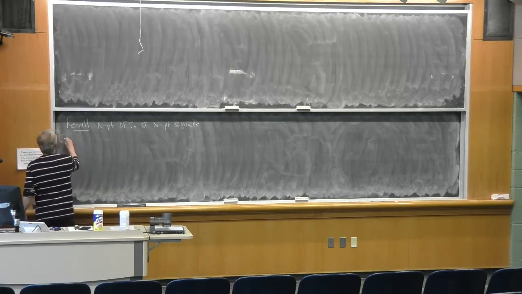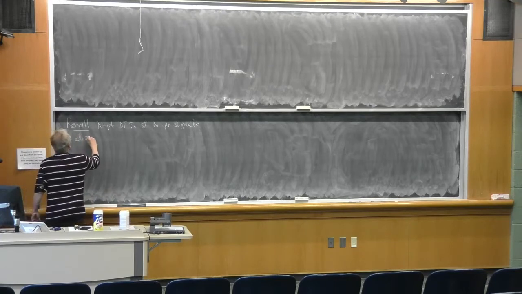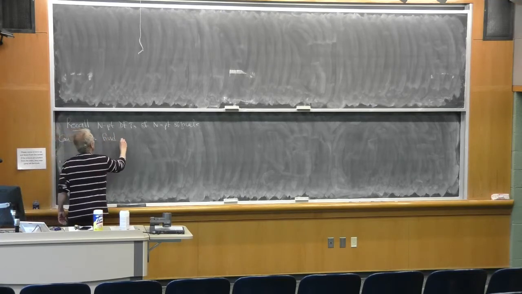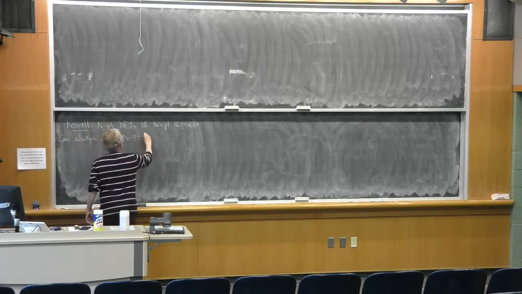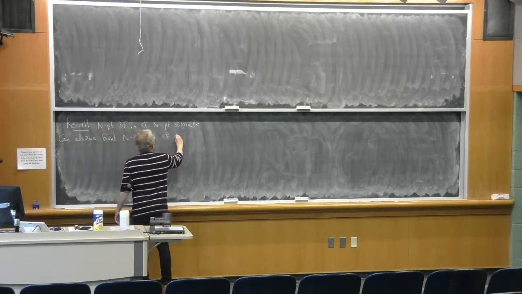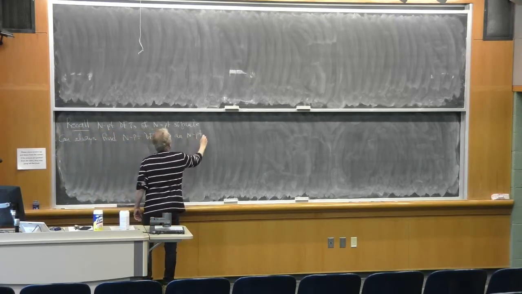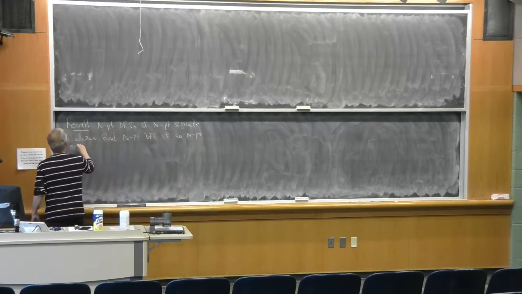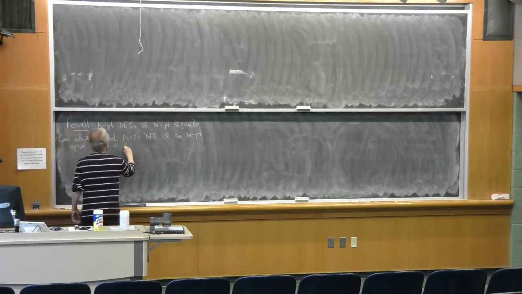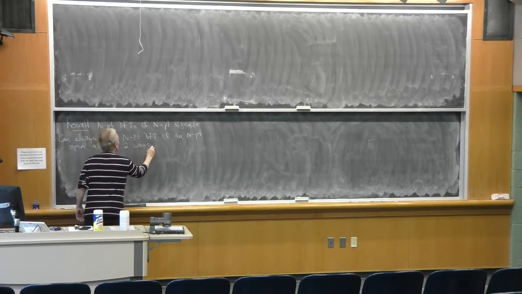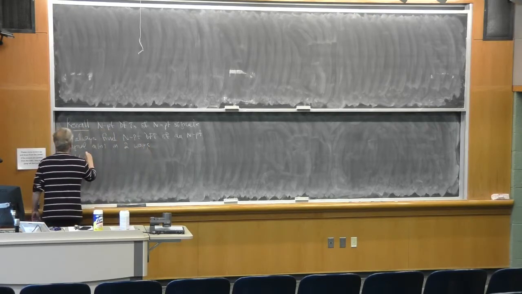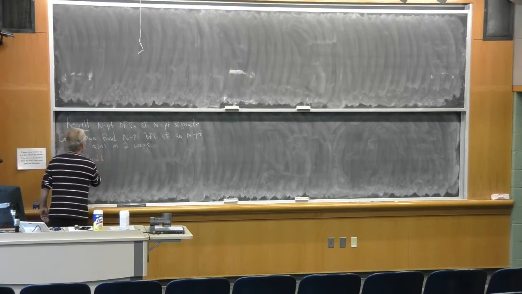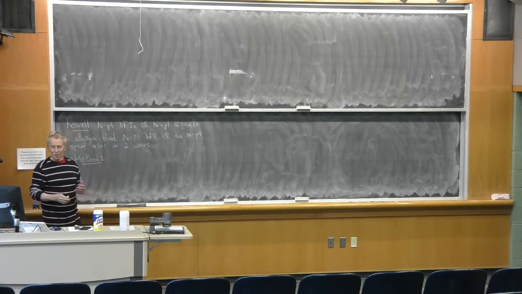So you can always find the endpoint DFT of an endpoint signal x of n in two ways at least. One of them I call method 1, and this is the way that you can do it on a piece of paper.